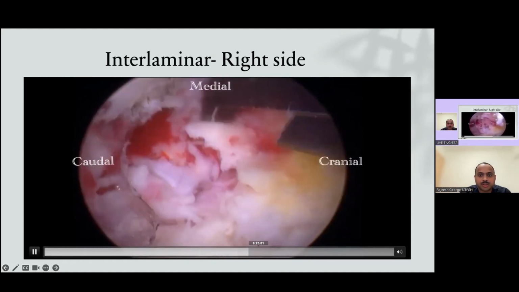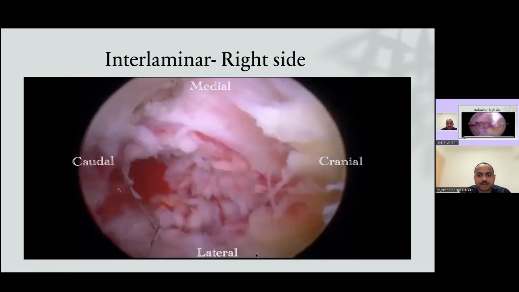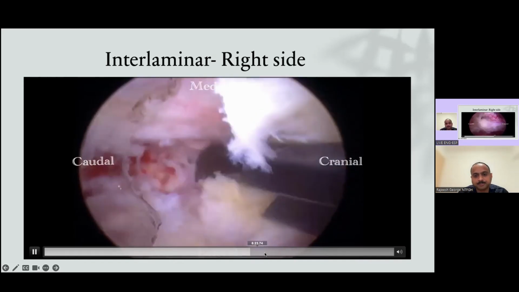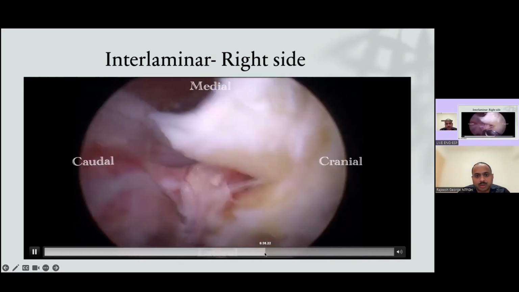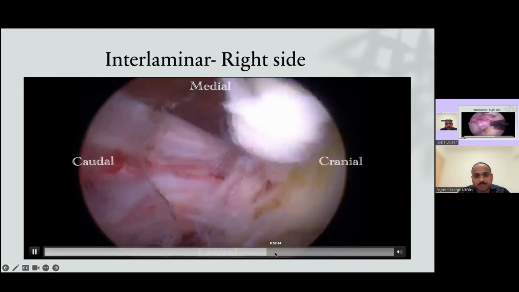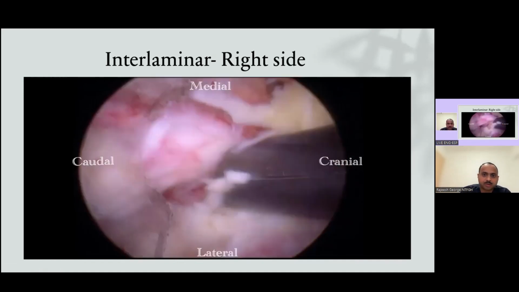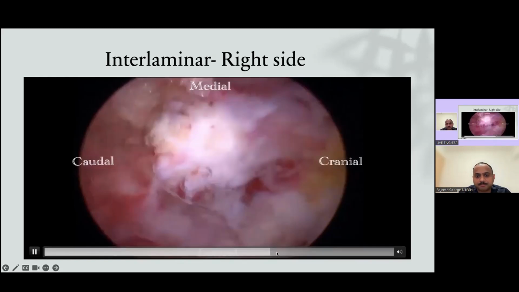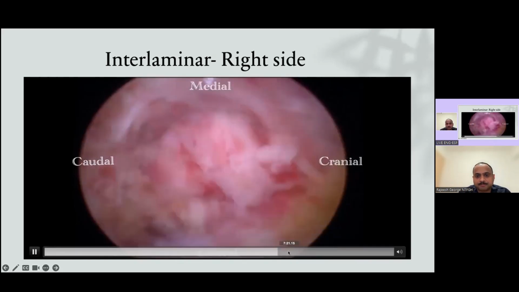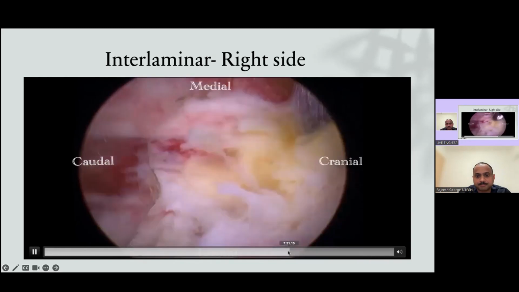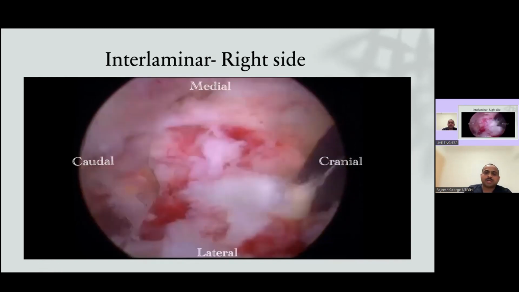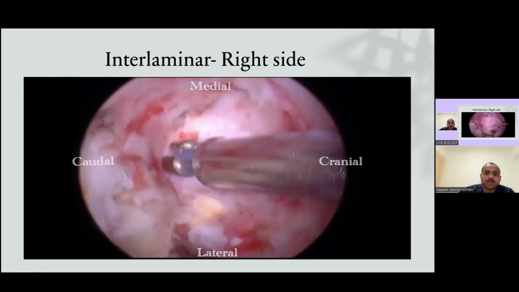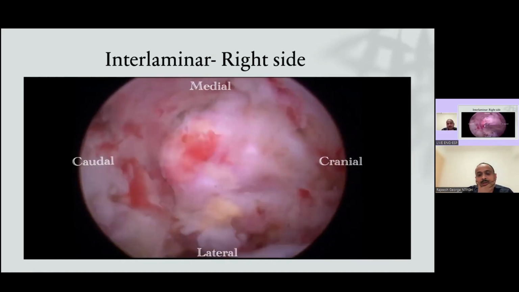So you can see this is still the cyst, it is not the nerve. The nerve is still on the ventral aspect. So again, removing some of the flavum, and then removing the cranial aspect. With a combination of Harrison rongeurs and curettes, you can achieve this.